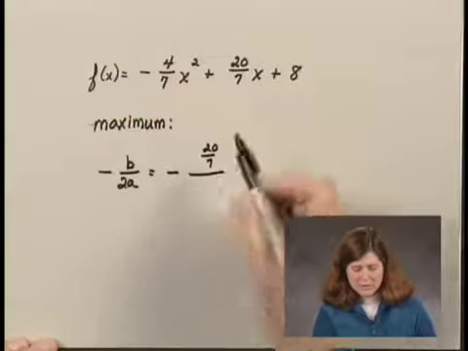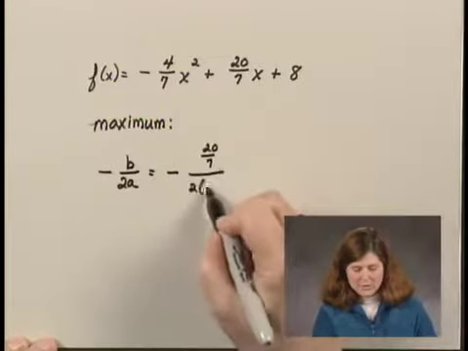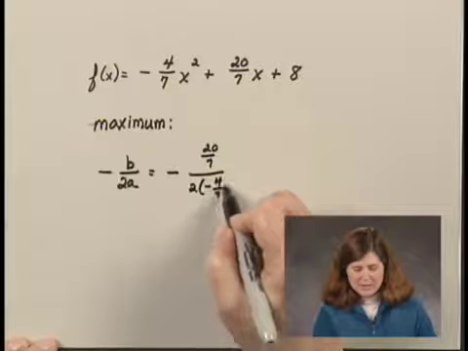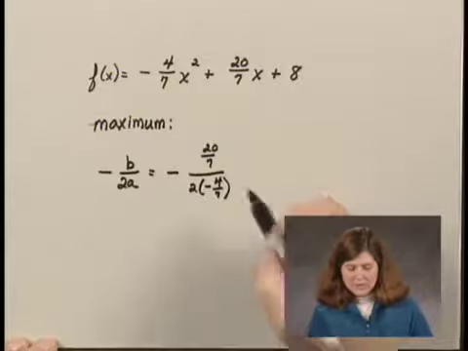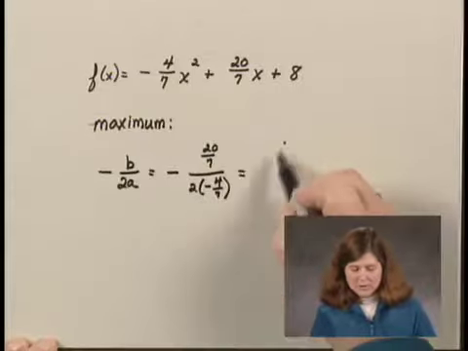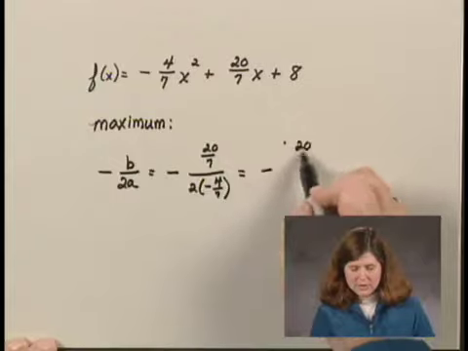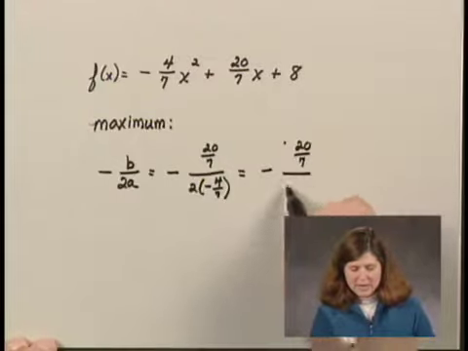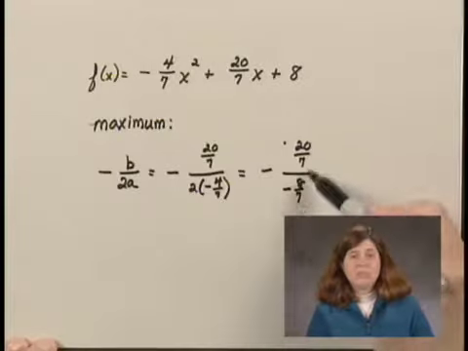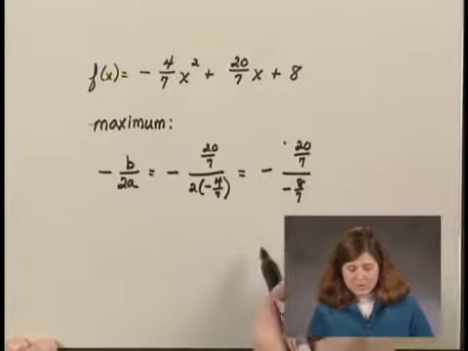In this case, that would be the opposite of 20/7 over 2 times -4/7, which is the opposite of 20/7 divided by -8/7. And when we divide by a fraction, we multiply by its reciprocal.